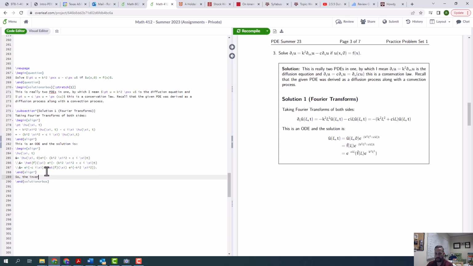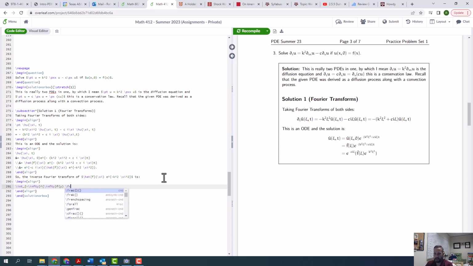So the inverse Fourier transform of this part is, okay, it's going to be a convolution. So it'll be the integral from minus infinity to positive infinity of f of y, and then the inverse Fourier transform of this. Now I've got the k squared; in the book it typically uses alpha, but I use k squared.